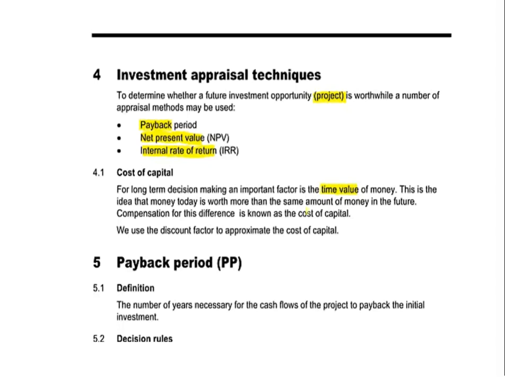All of these things combined together are known as the cost of capital, and that's the compensation that you would require to wait for your money in the future. And we're going to be using the discount factor in place of the cost of capital. So in F2, we can use those terms interchangeably.